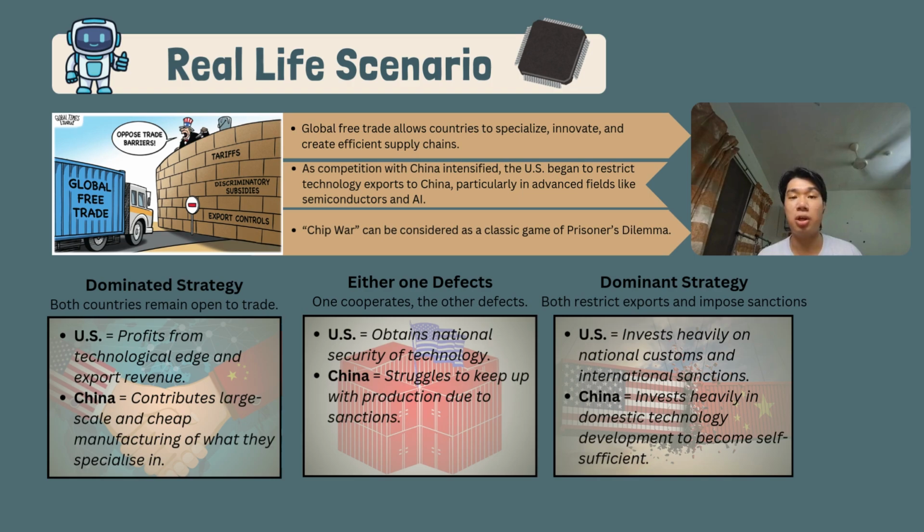The result is slower progress, but it avoids the instability that would come from only one side facing restrictions. The chip war prisoner's dilemma shows how complex trade and competition dynamics are. Decisions go beyond self-interest. They're also about predicting and responding to the other side's likely moves.